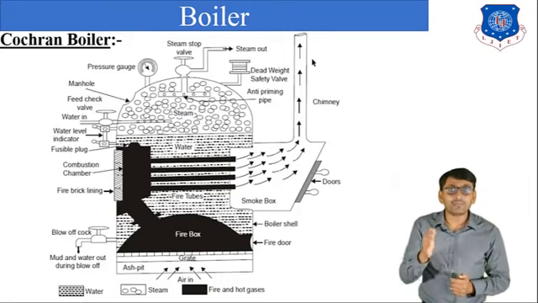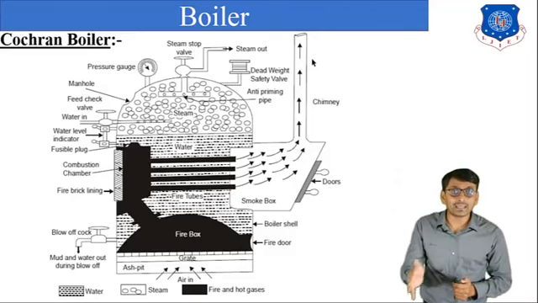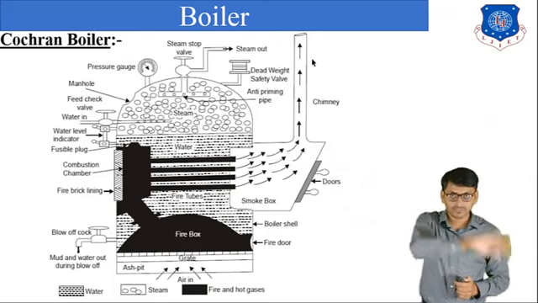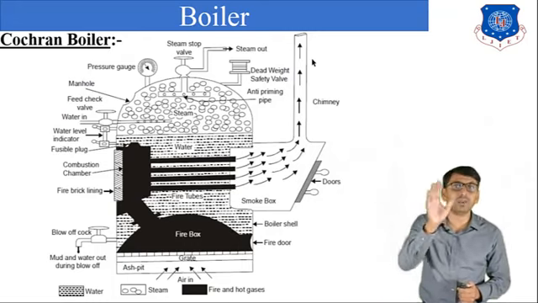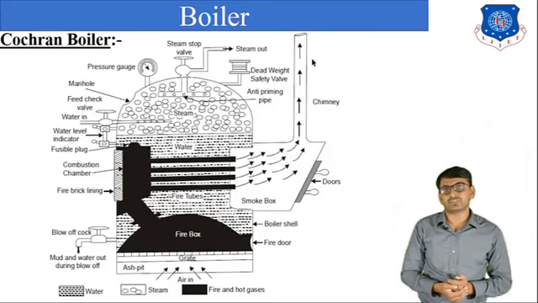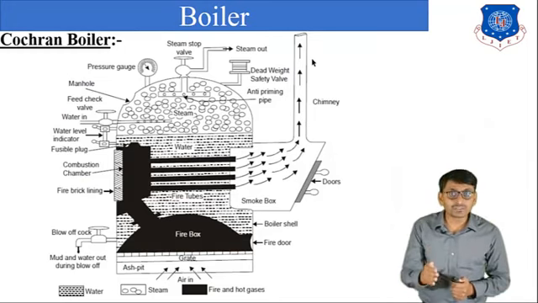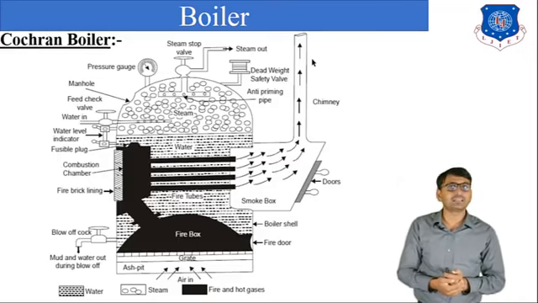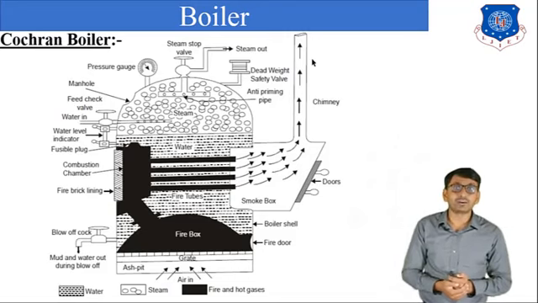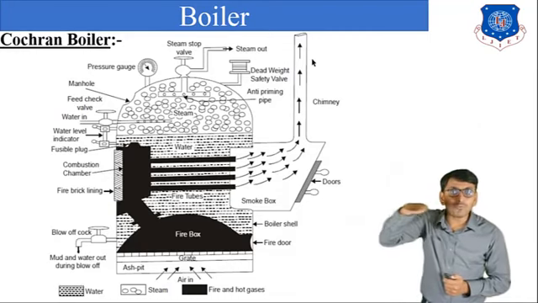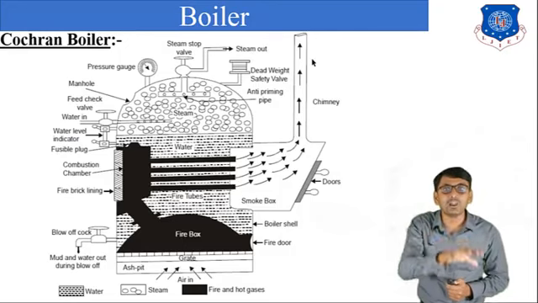Now different devices are attached at the surface of the boiler shell for the safety of the boiler. For example, in this diagram, the pressure gauge is used to measure the pressure of steam produced inside the boiler. Then the water level indicator is used to measure the level of water inside the boiler.